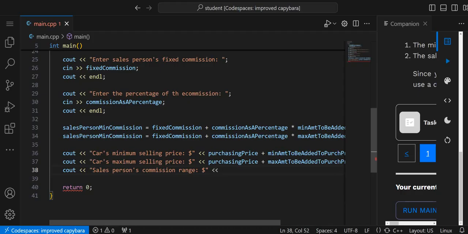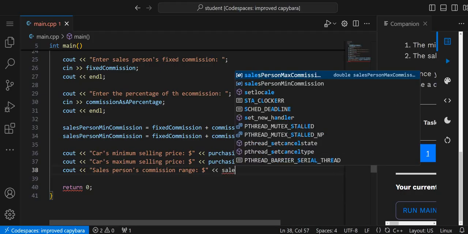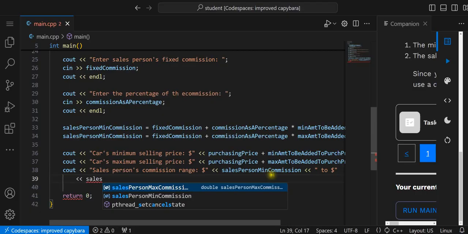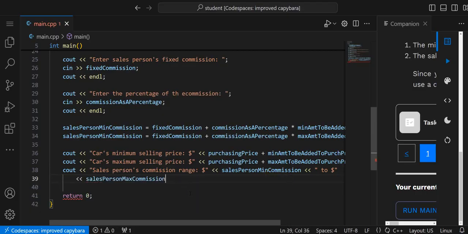Let's go salesperson's minimum commission range, and let's go quotes, space dollar sign, and then let's go to the next line so we can see the whole thing. Salesperson's maximum commission, end line.